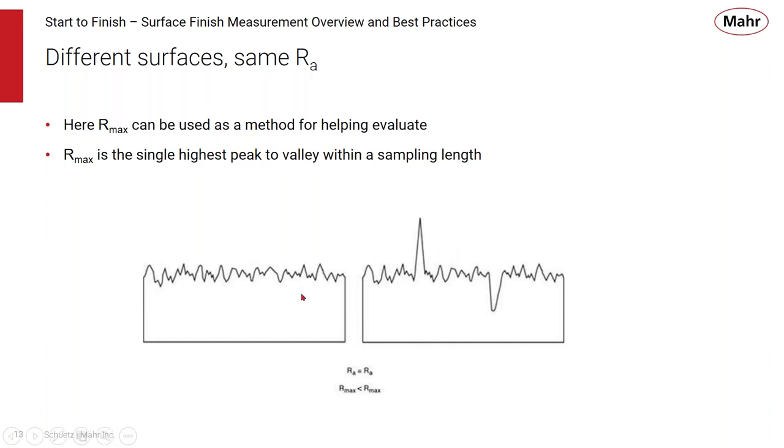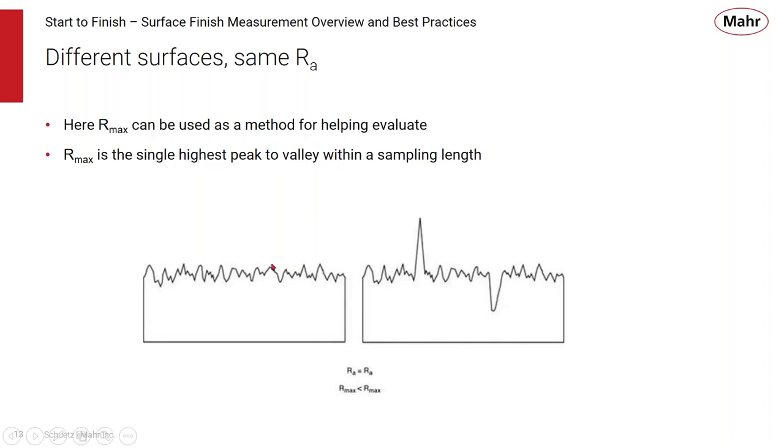So here's another one where Ra is giving us the same parameter, but Rmax might be a better method for analyzing and helping evaluate the process. So you can see, here's a surface that has a roughness form to it, basically, and here's the same one that has a couple of very high peaks and valleys to it.